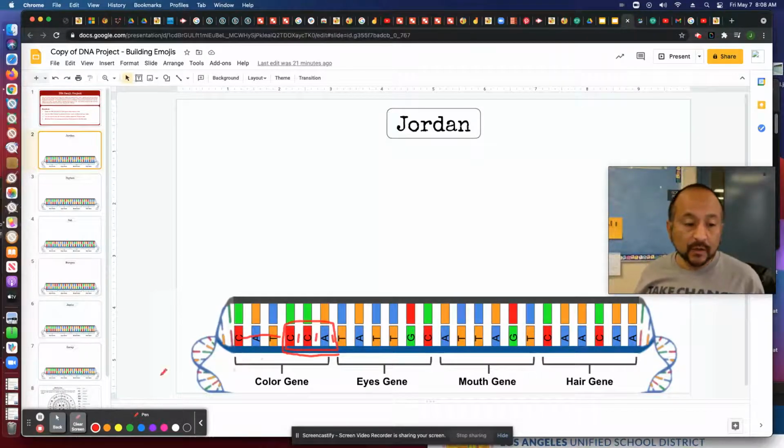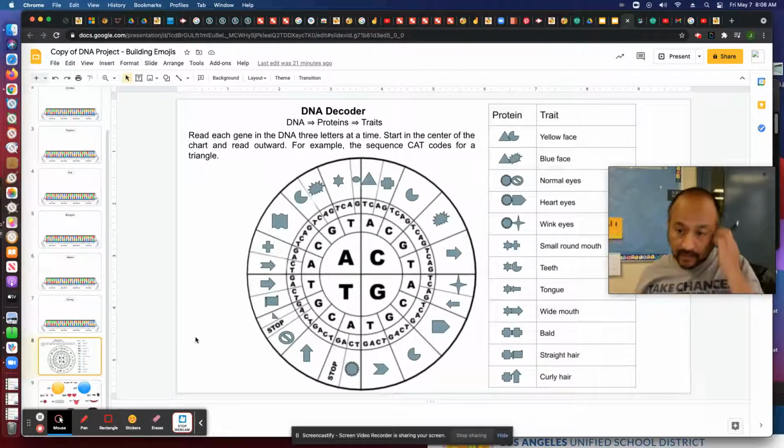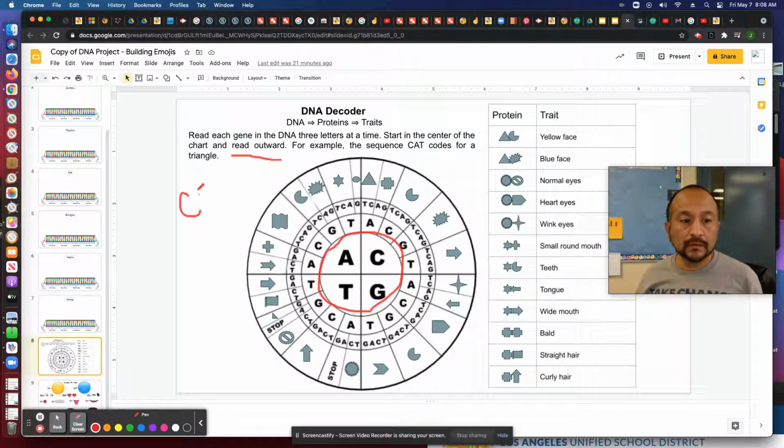And now I'm going to go to my DNA decoder. And I'm going to start in the center, and I'm going to read outward, trying to locate C, C, A, and which protein I will need to build for Jordan's color gene.